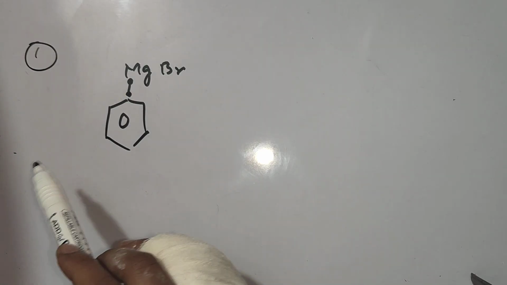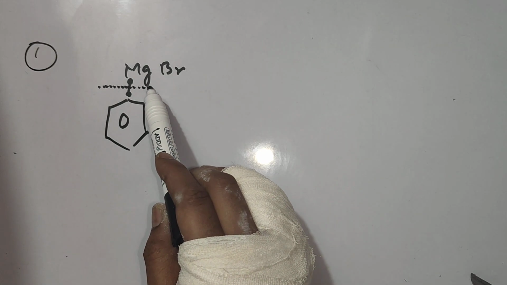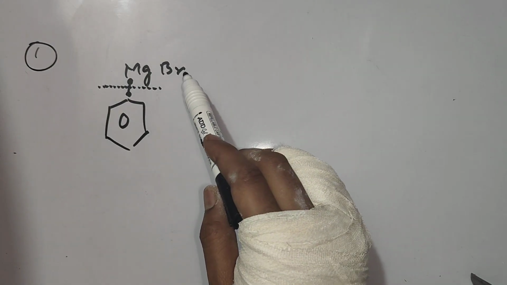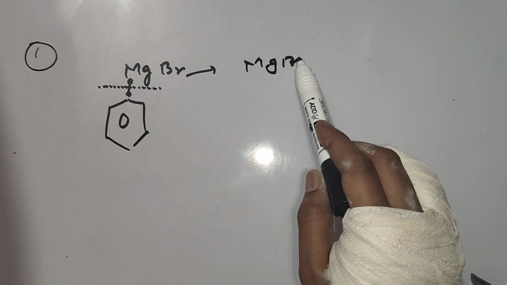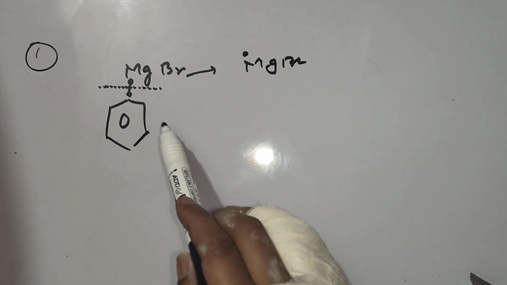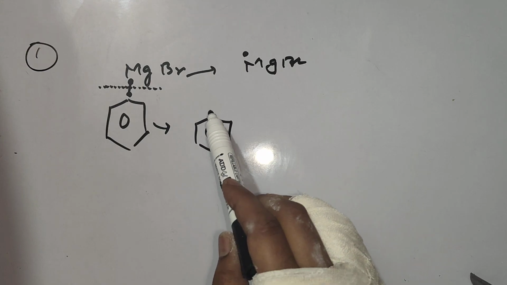Initially, between carbon and magnesium, the bond will break like this. So MgBr free radical and this phenyl free radical will generate.